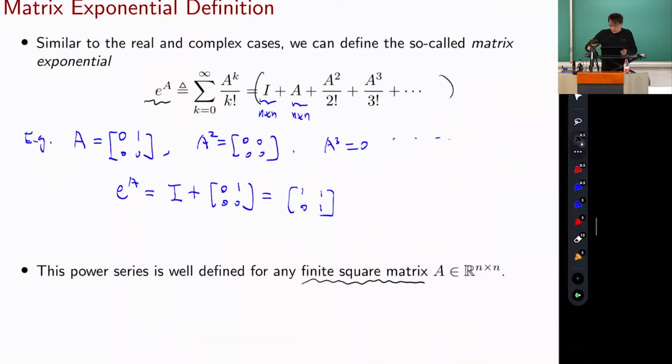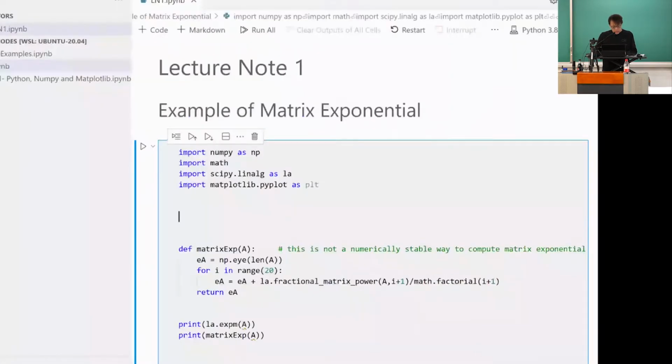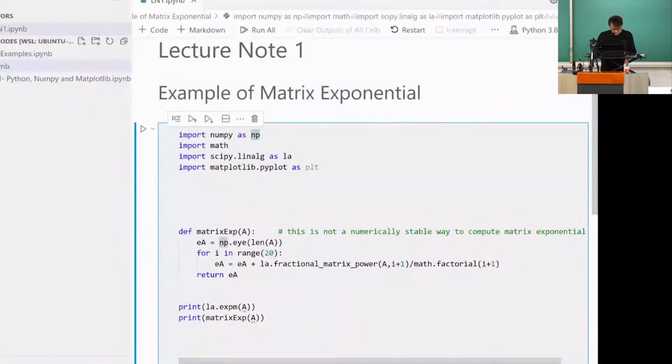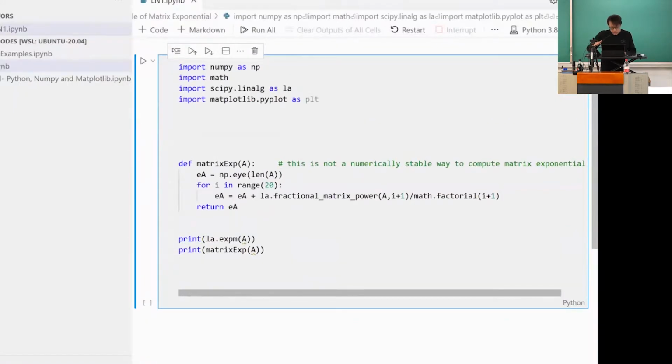To convince you, let's compute it by the definition. Let's take a look at this Python code. This is very simple. I just define a function that I call my matrix exponential. Given any matrix A, I just have a for loop.